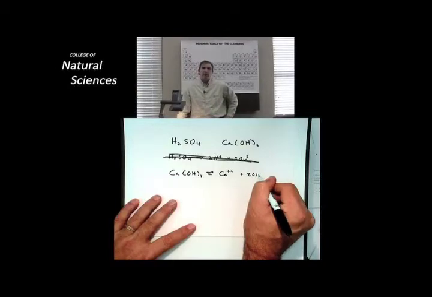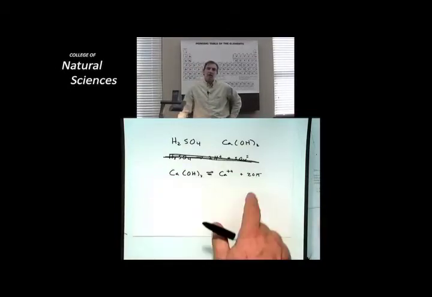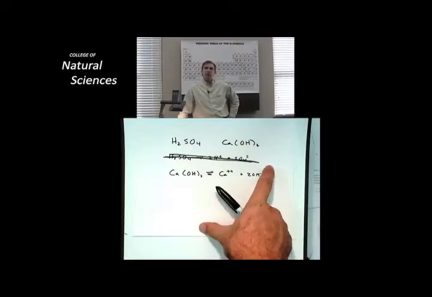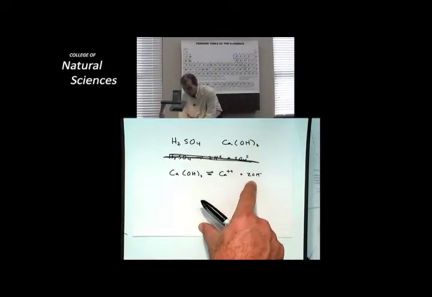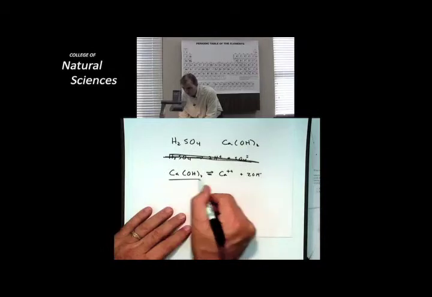This means then that it is not the starting analytical concentration that I'm measuring at equilibrium for calcium hydroxide. Let's consider a case like this. It's twice that amount.